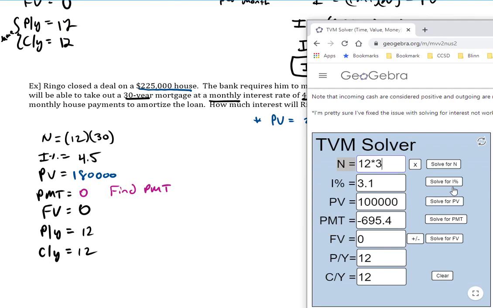So 12 times 30 is 360, and then 4.5, and we have 180,000. Then the payment we'll just leave as 0 for now. Future value 0. Payments per year and compounds per year is also 12. So payment we can now solve for, and it's $912.03.